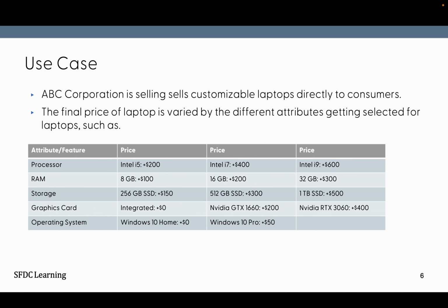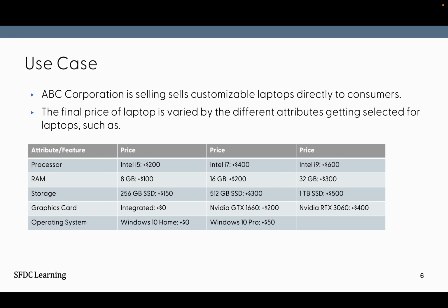Let's say for the processor, if it is Intel i5, then whatever amount you are paying for the laptop, you will have to pay an additional $200. If you are purchasing Intel i7, then you have to pay an additional $400. And for Intel i9, you have to pay $600 more to upgrade your processor.